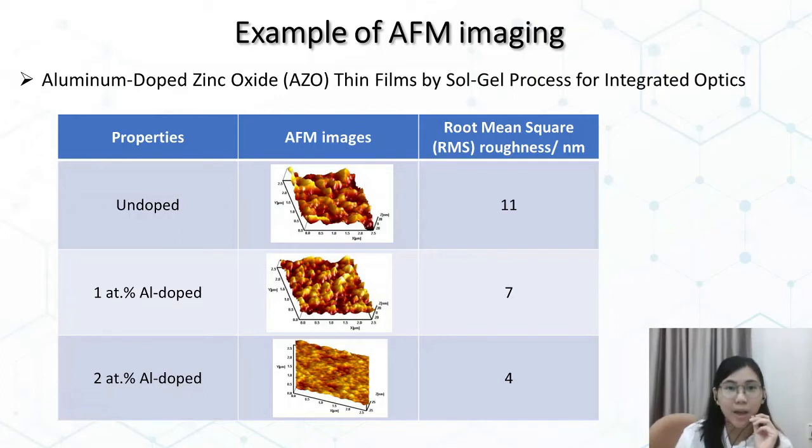From the AFM observations, the flatness of the film is greatly increased with the aluminum content, and thus using aluminum doped zinc oxide may improve the waveguiding properties of the films, which are directly dependent on the roughness.